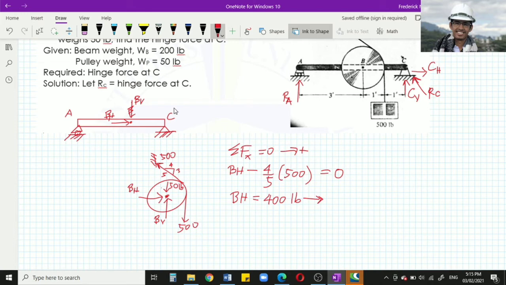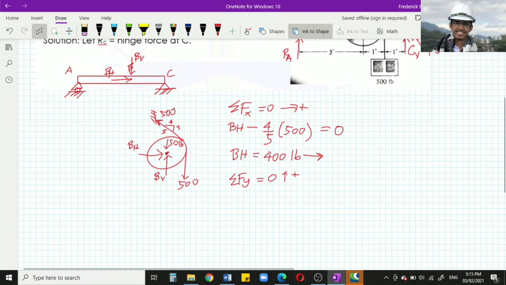Okay? And then summation forces vertical naman tayo, or Y is equal to 0, upward, positive. So ano yung mga nag-act na forces? So that will be BV, that is upward. So BV is equal to, so class, itong BH natin for positive yung lumabas, kaya tama lang yung assume natin na going to the right siya.